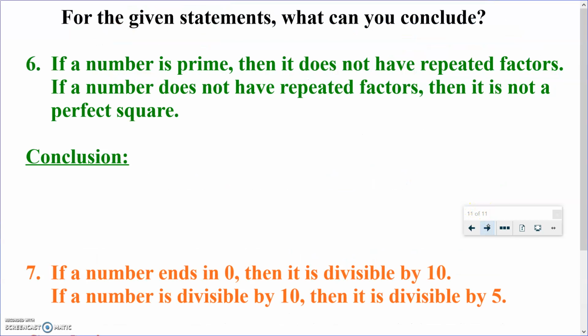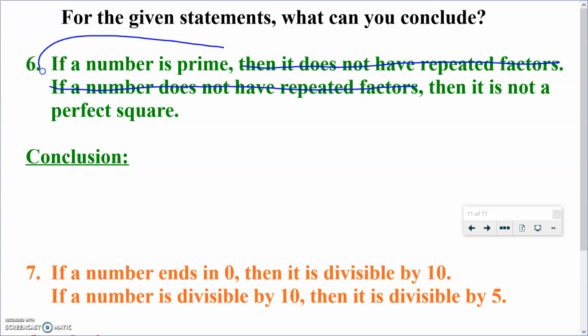Okay, so what can we conclude from this first one? If a number is prime, then it doesn't have repeated factors. And then if a number doesn't have repeated factors, then it's not a perfect square. So again, I like for my brain to be like, oh, this is the conclusion, and it's the exact same as the hypothesis here.